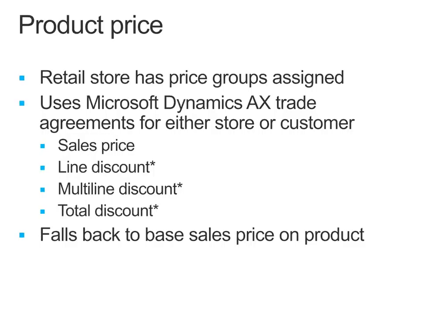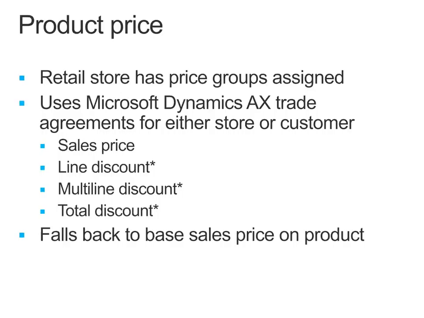Then the next three discount trade agreements are line discount, multi-line discount, and total discount. I put a little asterisk there. The reason for that is they only apply if they're assigned to a customer or a customer price group.